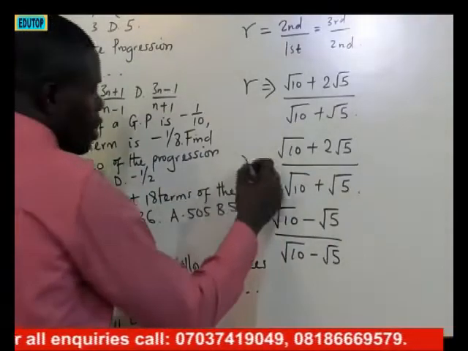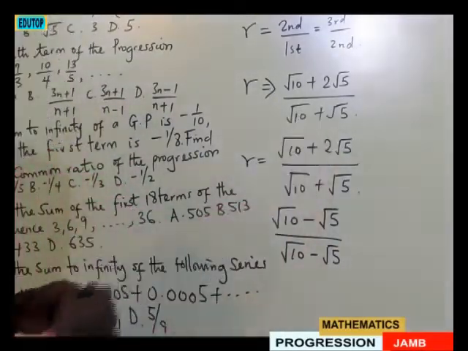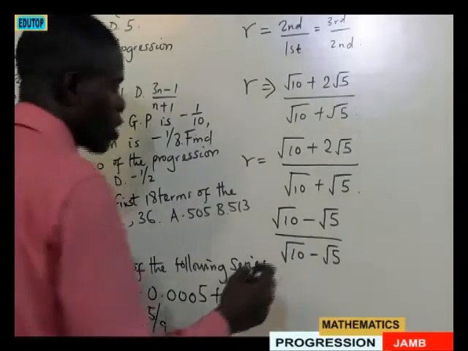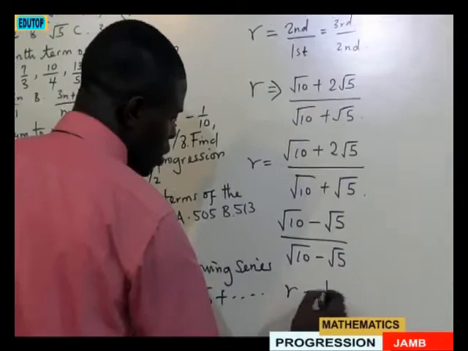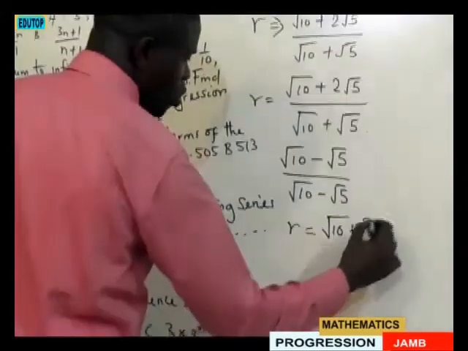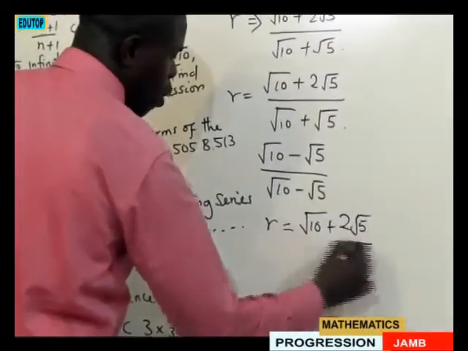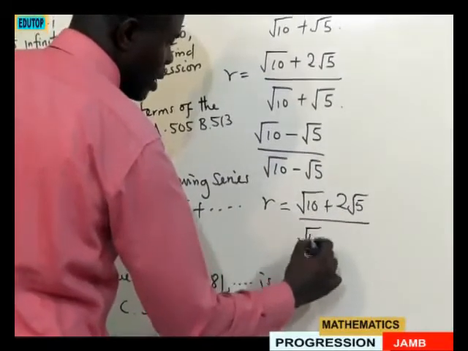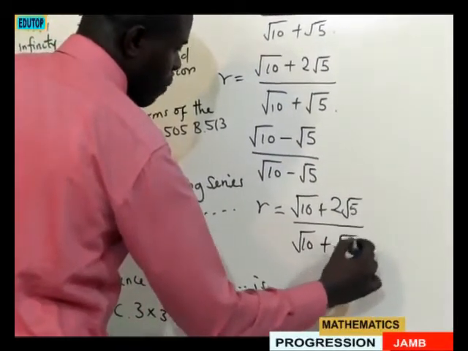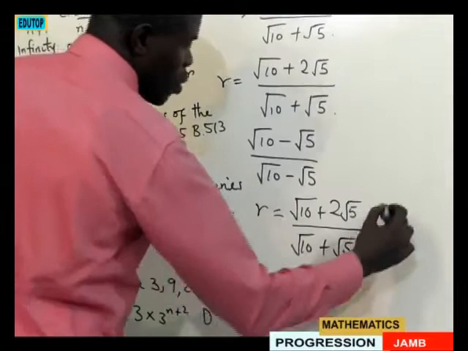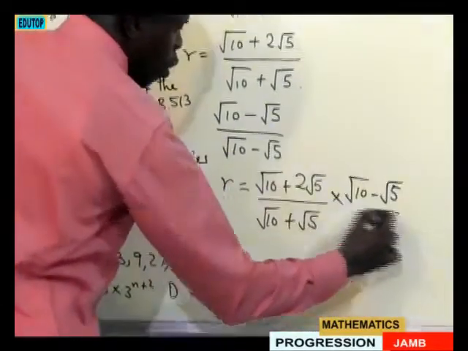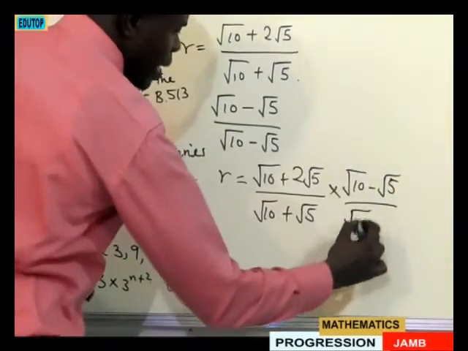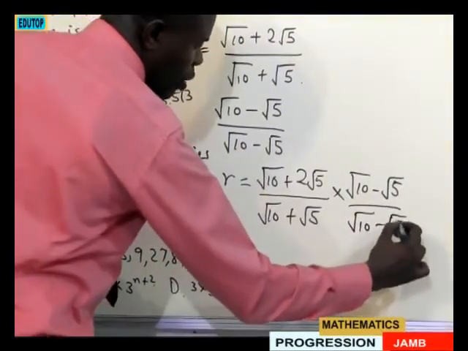And since we know that this expression is equal to the common ratio, our common ratio will be equal to root 10 plus 2 root 5 over root 10 plus root 5, times root 10 minus root 5 over root 10 minus root 5. What have we done?